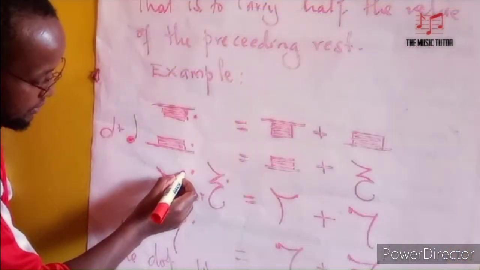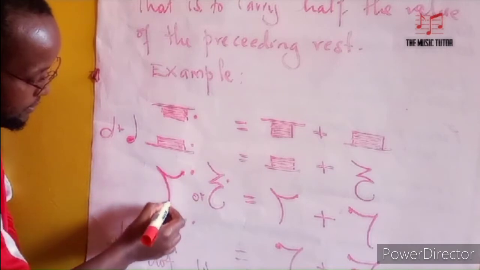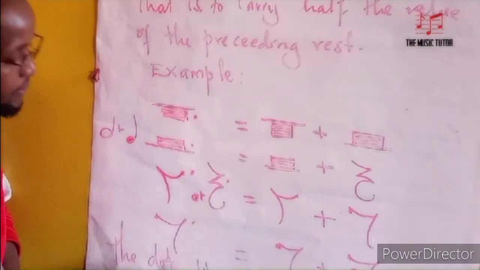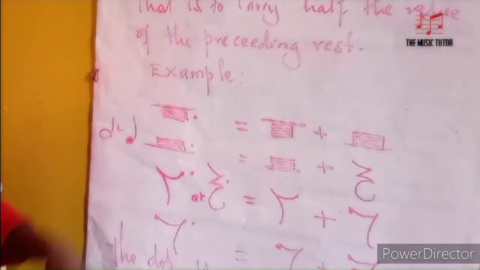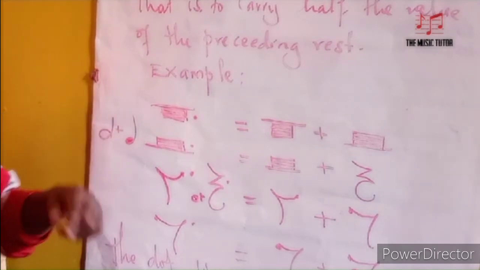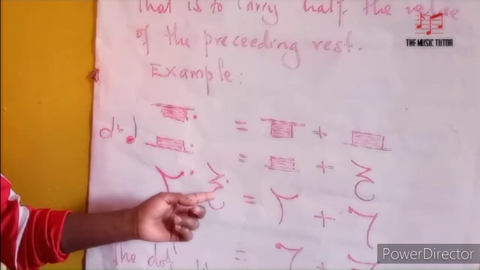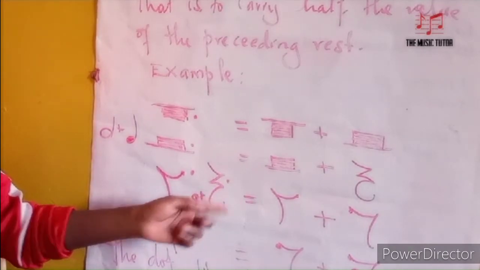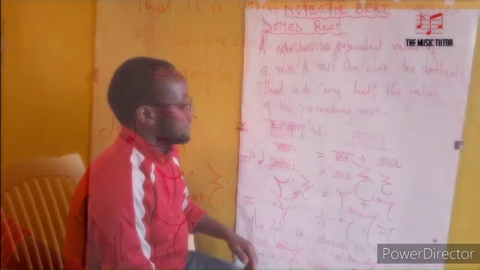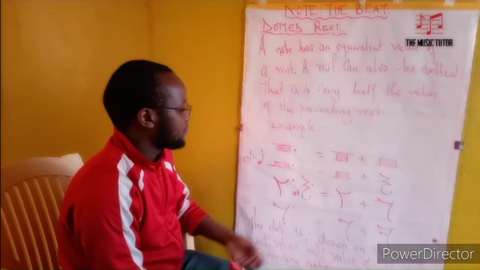Similarly, this is a crotchet rest. We say that a crotchet has two structures of rest. There's this one and there's this one. The improper 7 and this other one that looks like a 3 or a Z, depending on how you view it.